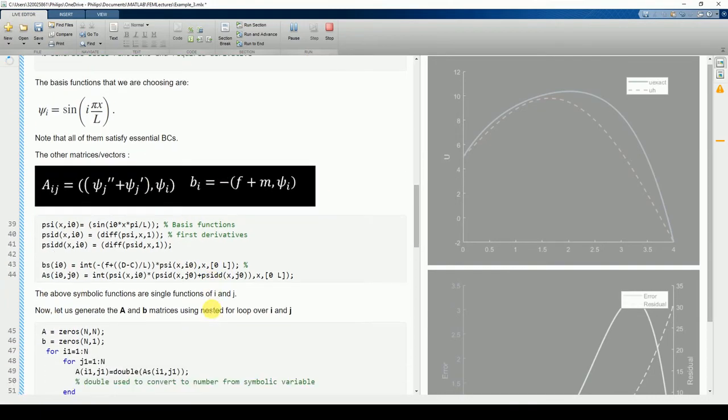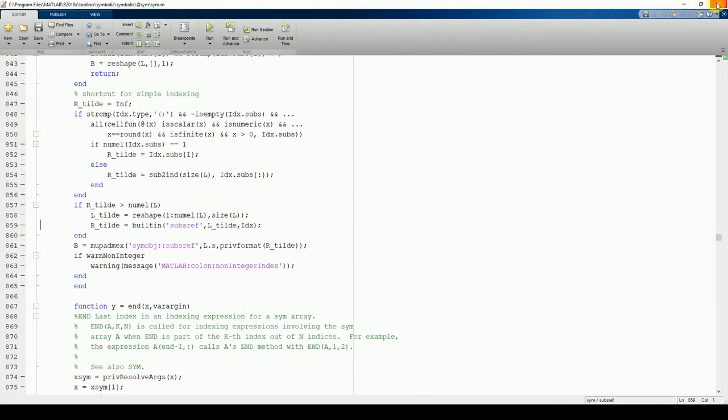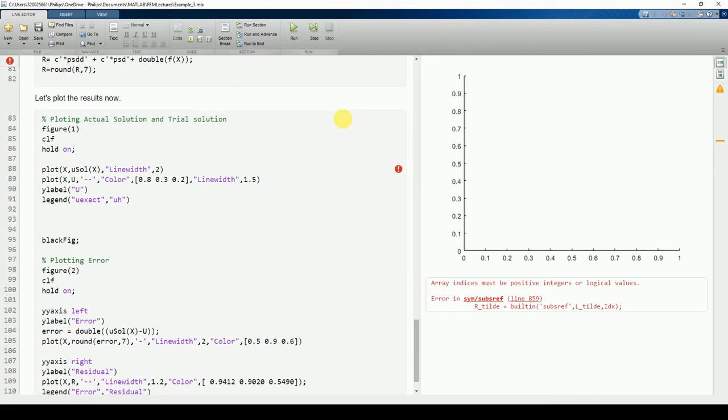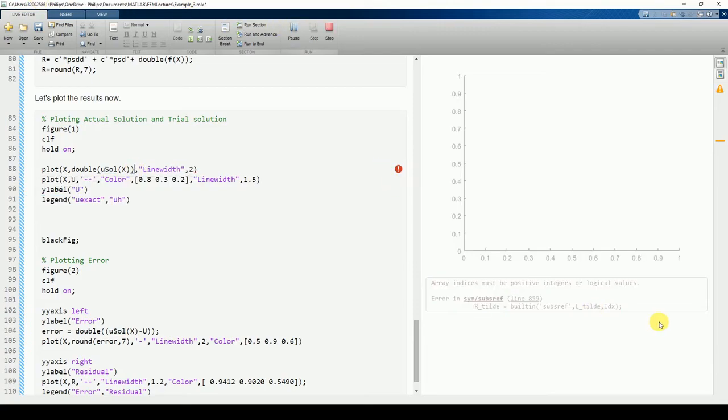Right now it's running. Okay, we have some issue, line 859. Here also we need to convert it into a double. Let us rerun.